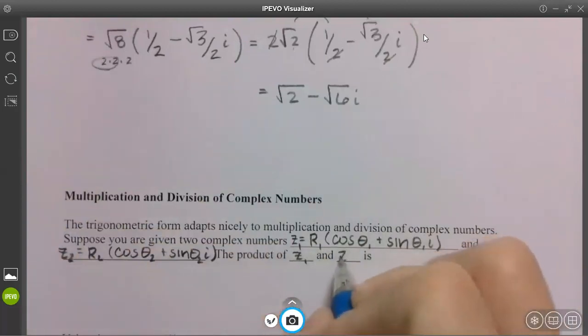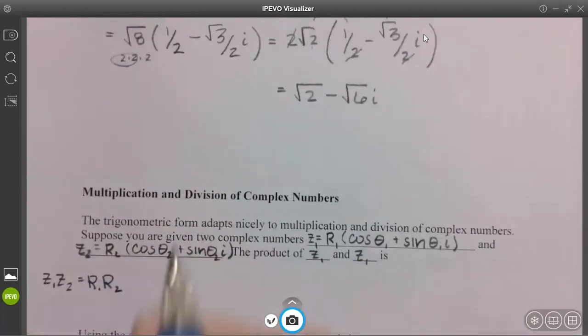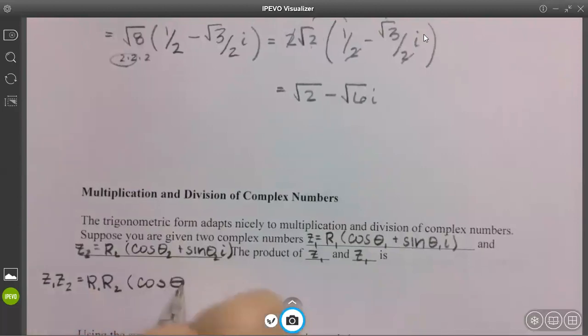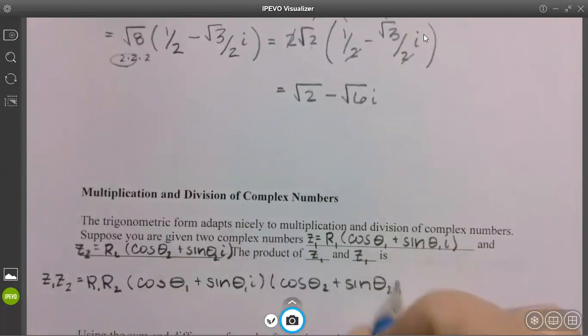Then the product of Z1 and Z2 is r1 r2 times cosine theta 1 plus sine theta 1 i times cosine theta 2 plus sine theta 2 i.